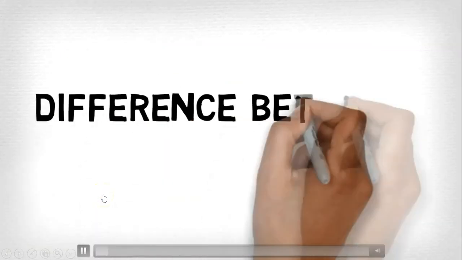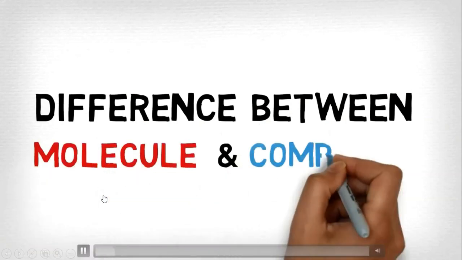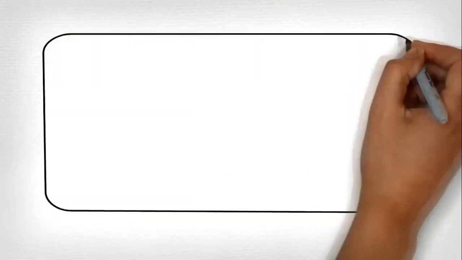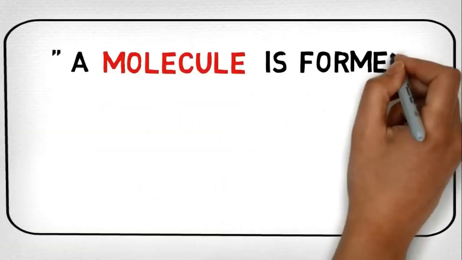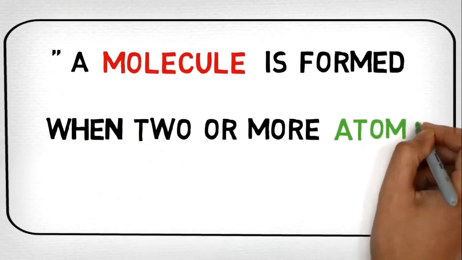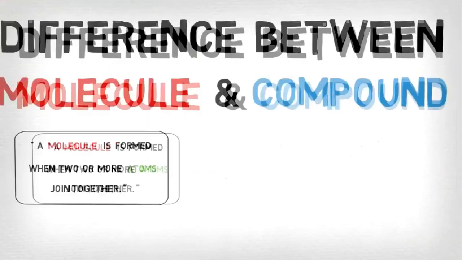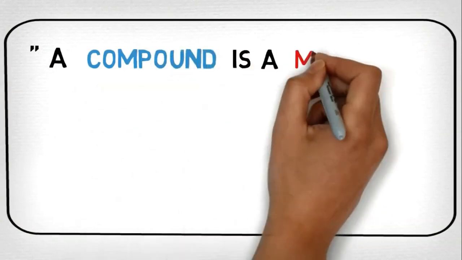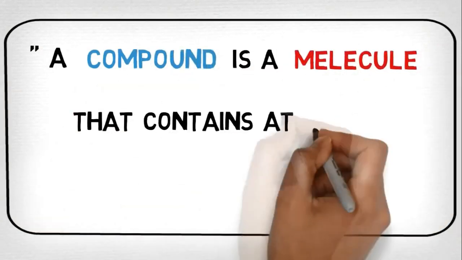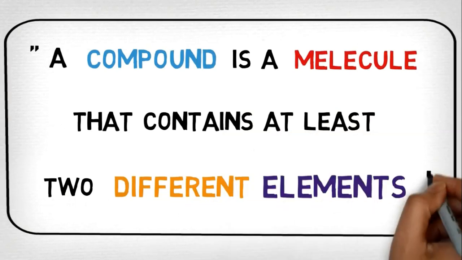Today we will be studying the difference between a molecule and a compound. A molecule is formed when two or more atoms join together. A compound is a molecule that contains at least two different elements.